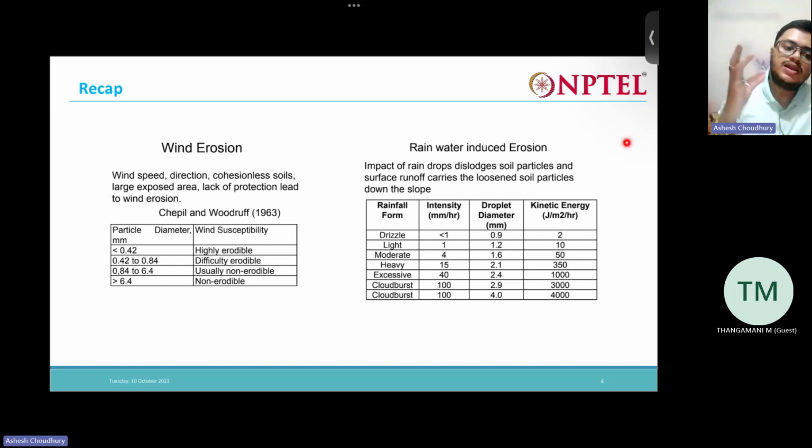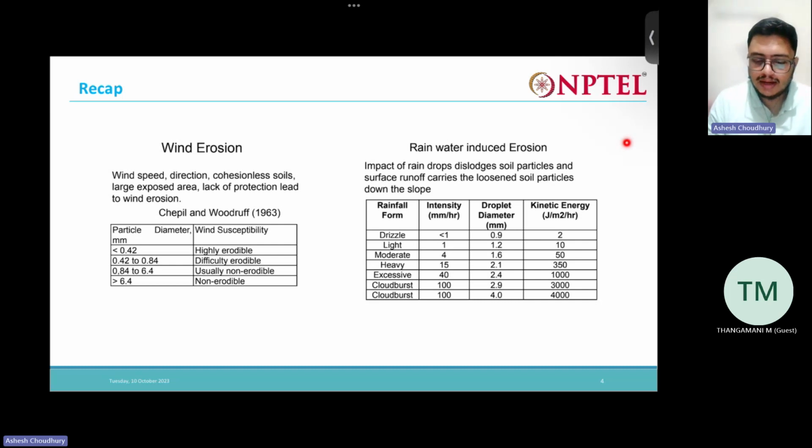And if we have very large particles, just pebbles or something like that, greater than 6.4 mm, these are non-erodible. 6.4 mm is very small, less than 1 centimeter.